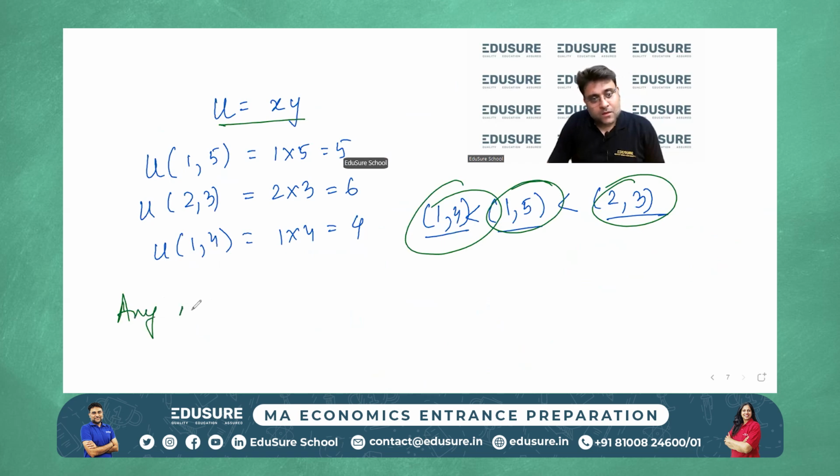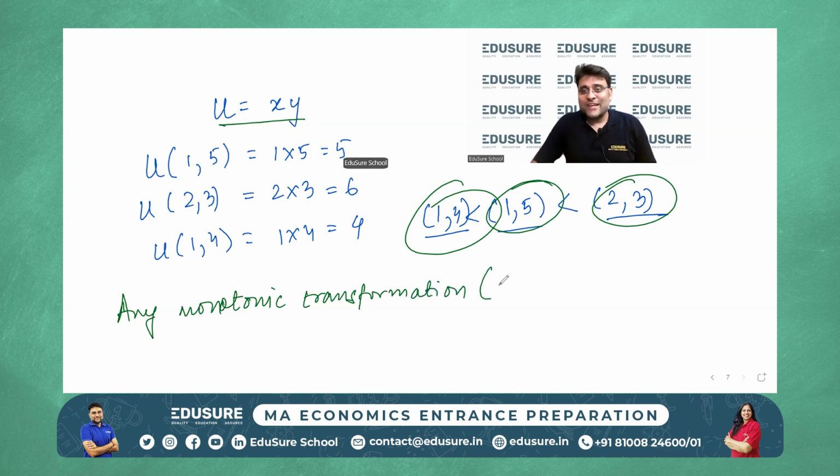So I can write down: any monotonic transformation. What is a monotonic transformation? One which leaves the ranking or the order unchanged.